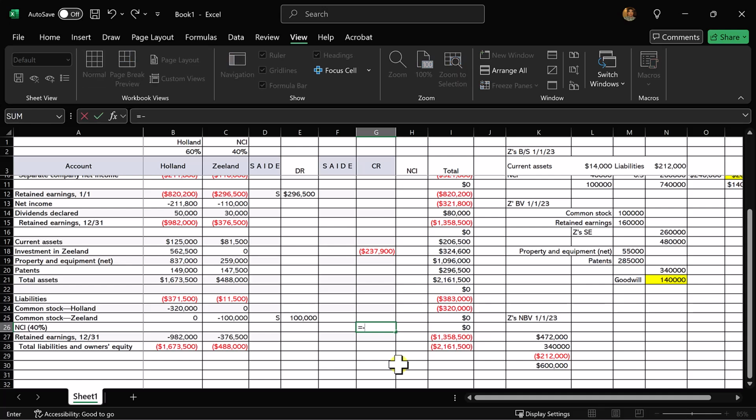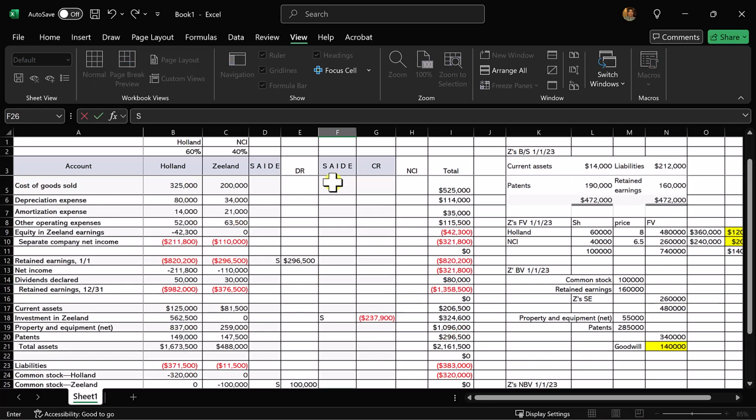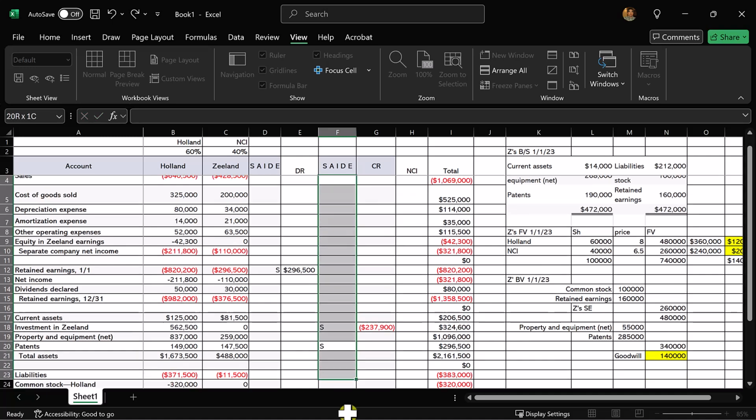It's a credit, so a negative total of this debit plus this debit, close paren, multiply by 40%. Okay. And just to double check, this is entry S, the same first entry. We'll have everything aligned right next to the numbers.